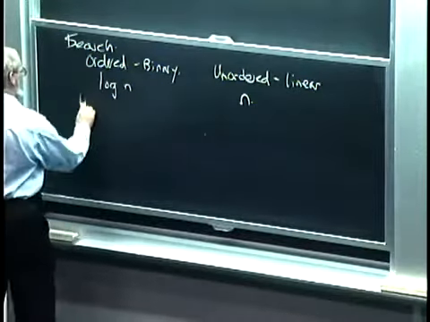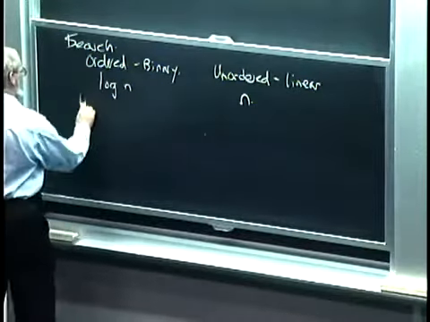But then the search is only log n, and I need to do k of those. This is certainly better than that. N plus k all times log n is in general going to be much better than k times n. Depends on n and k, but obviously as n gets big, that one's going to be better.